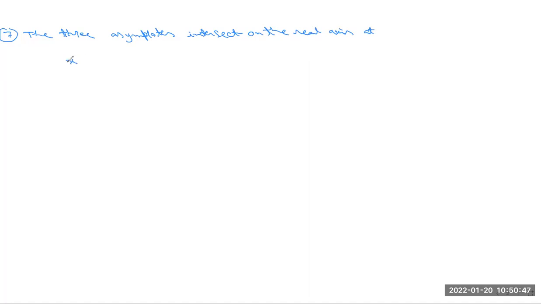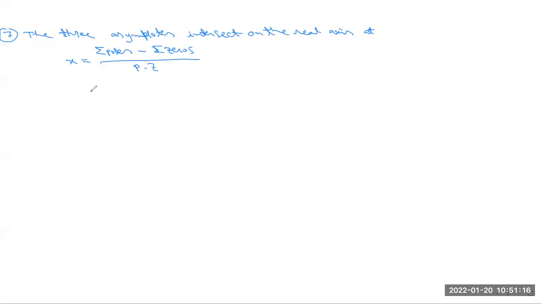We have to express the intersect point, that is x, which equals the summation of poles minus the summation of zeros, divided by pole minus zero. So this is the basic rule when you have to calculate the intersect point of the three asymptotes on the real axis.